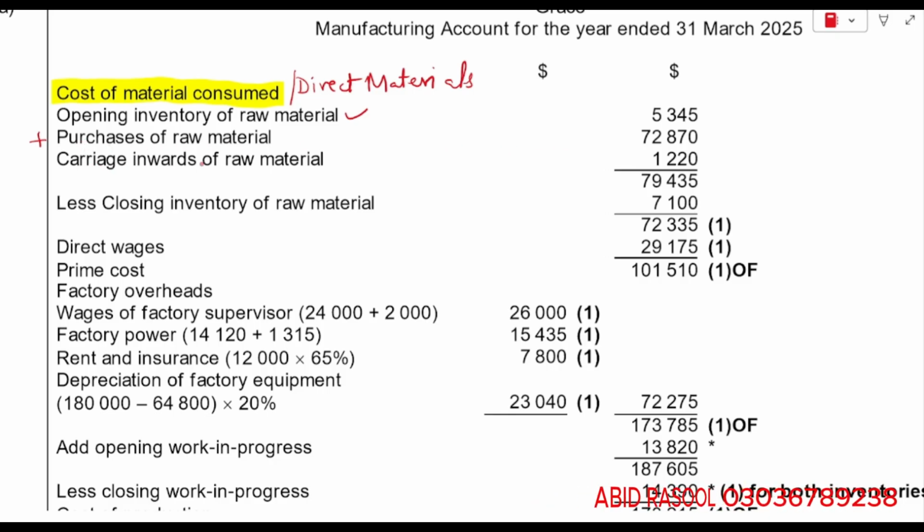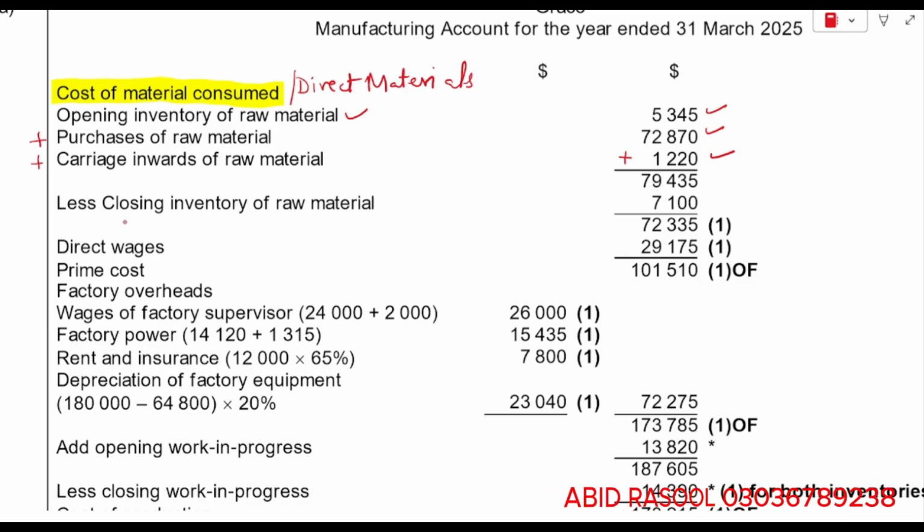And then carriage inward of raw materials will also be added, because all these things increase the cost of raw materials. Okay, now you can see these three items are added. Number 1, number 2, number 3 means opening inventory plus purchases and plus carriage inward, these are added and we get this answer. And 79,435 is the cost of raw material consumed, and that we have during the year.